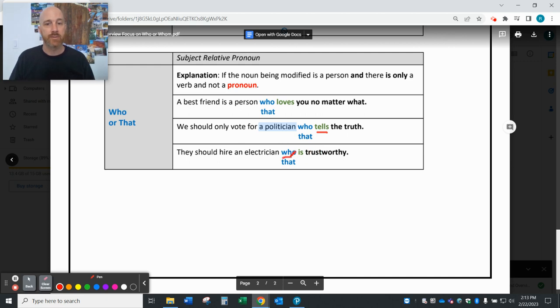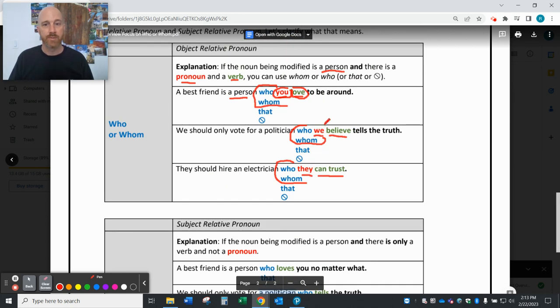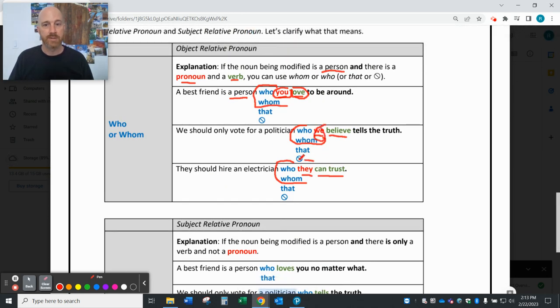In this case, I have a relative pronoun in the subject position. That's why we call it a subject relative pronoun. It comes before the verb, in this case the be verb, and then an adjective. So they should hire an electrician who is trustworthy or an electrician that is trustworthy, but I cannot say an electrician whom is trustworthy because there is no pronoun to indicate that. I hope this helped.